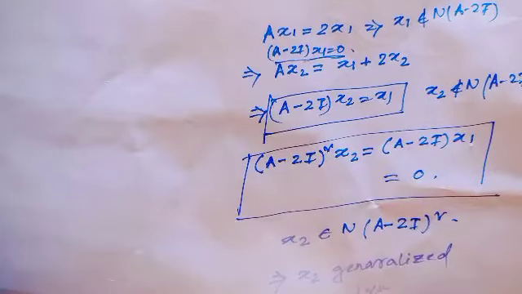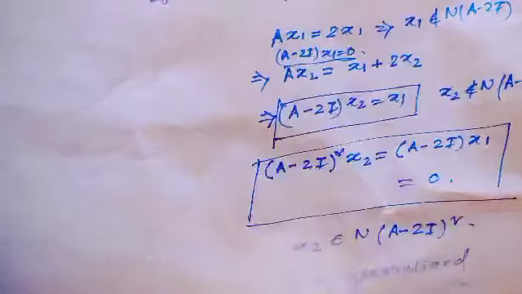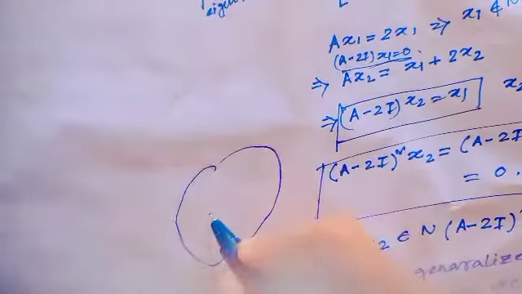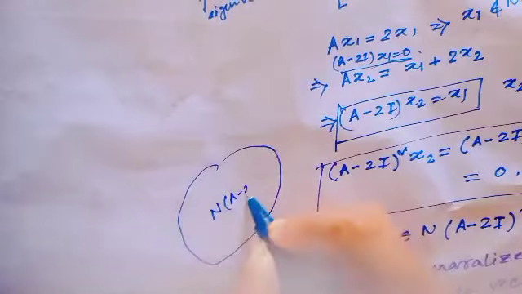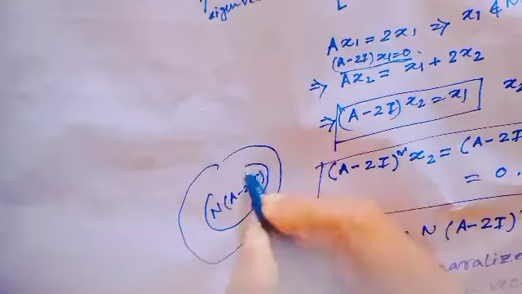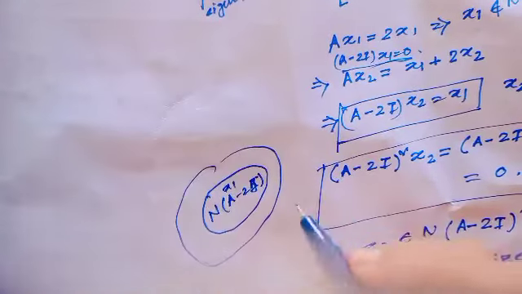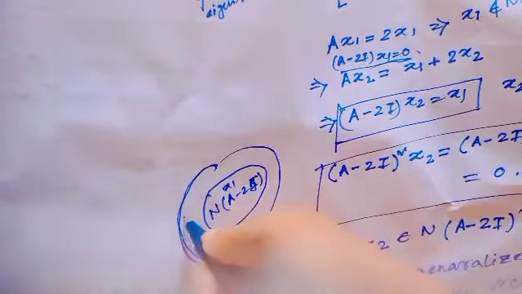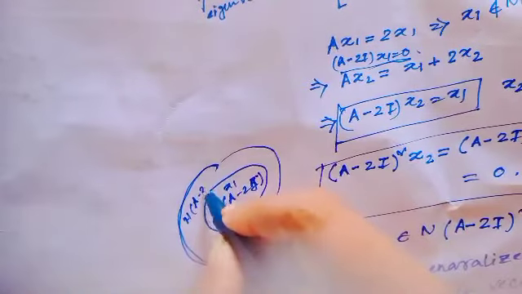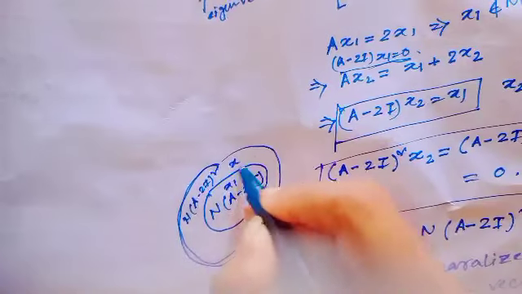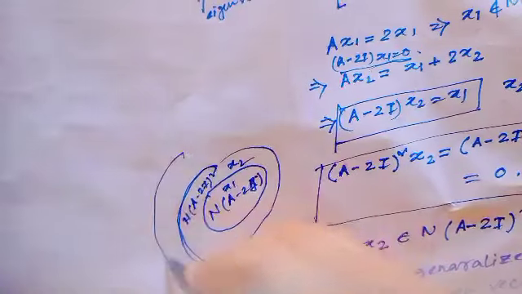Are you getting it? The picture would be of this type. This is the eigenspace, the null space of A minus 2I. Here the vector x1 belongs to it, and this is the null space of (A minus 2I) squared, and the vector x2 belongs to this null space.